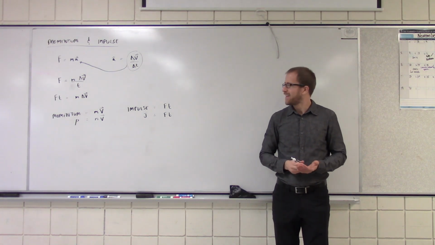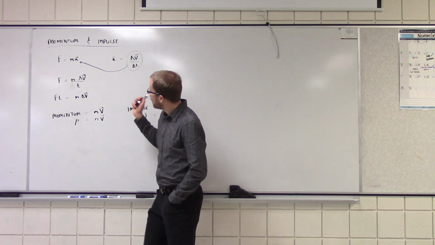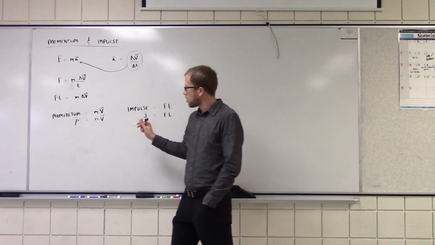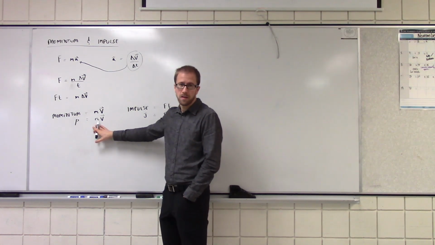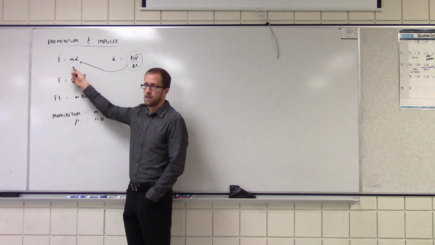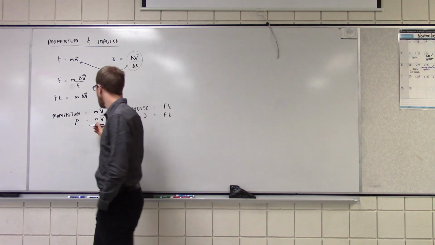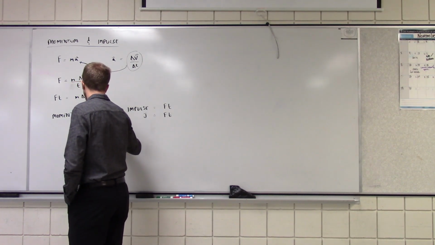Okay, so, where was I? Acceleration, we measure that in meters per second squared. Thus, our velocity here is going to be meters per second. How do we measure mass in which units? Kilograms. So our units here are going to be kilograms meter per second.